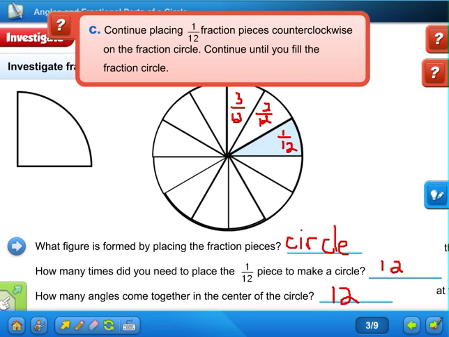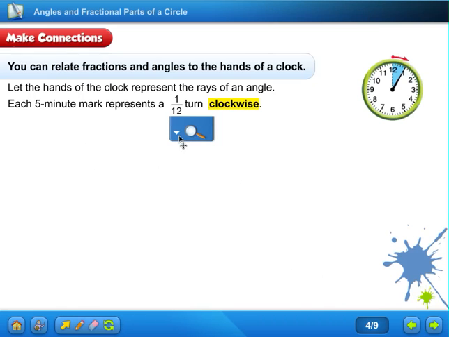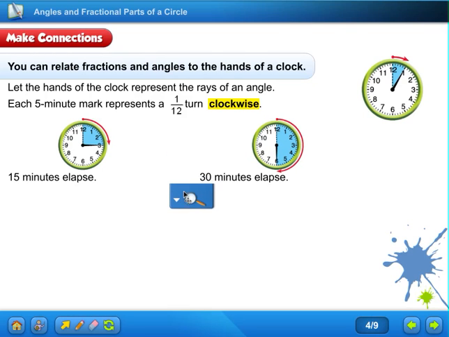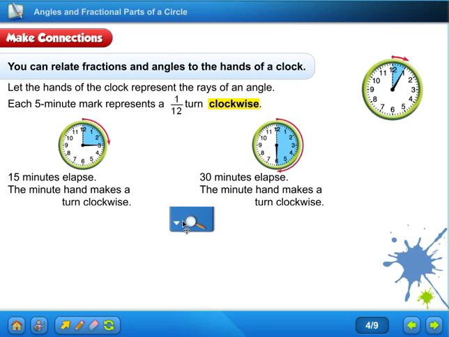All right, let's go to the next page. Let the hands of a clock represent the rays of an angle. Each 5-minute mark represents 1/12 turn clockwise. So you have right here 15 minutes elapses.